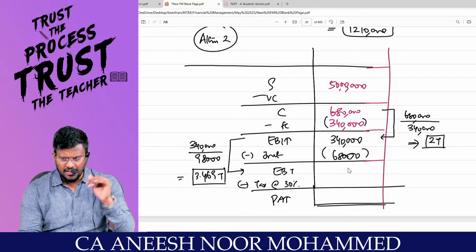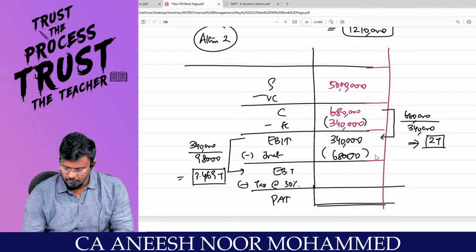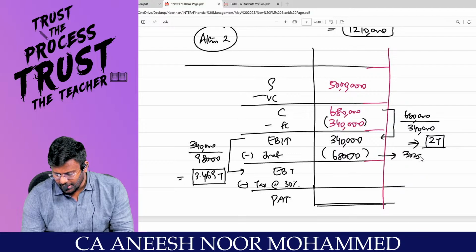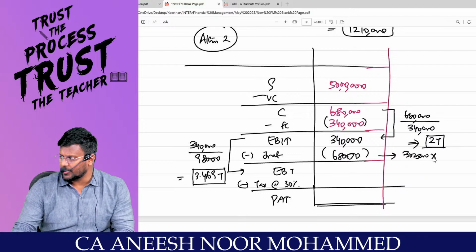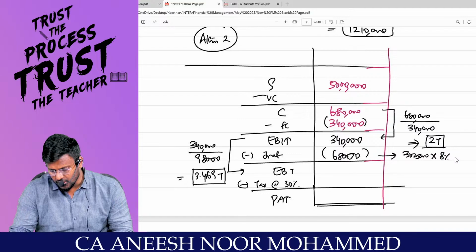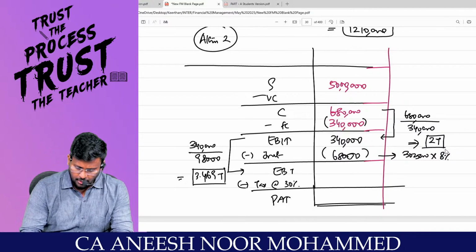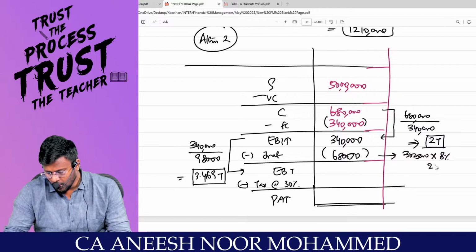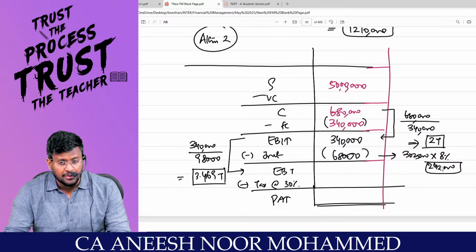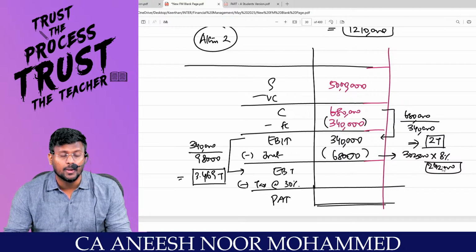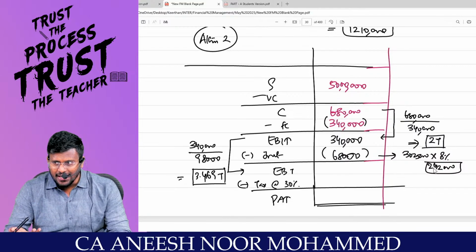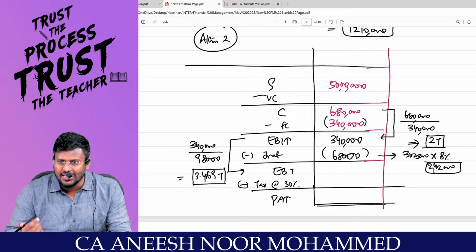But what is the debt given in the question? 30,25,000 into how much percentage? 8%. Sir, the total interest comes to 30,25,000 into 8%, which is 2,42,000. This will be the interest if the debt is outstanding for the entire 12 months. Who said that from April 1st itself this debt is outstanding?